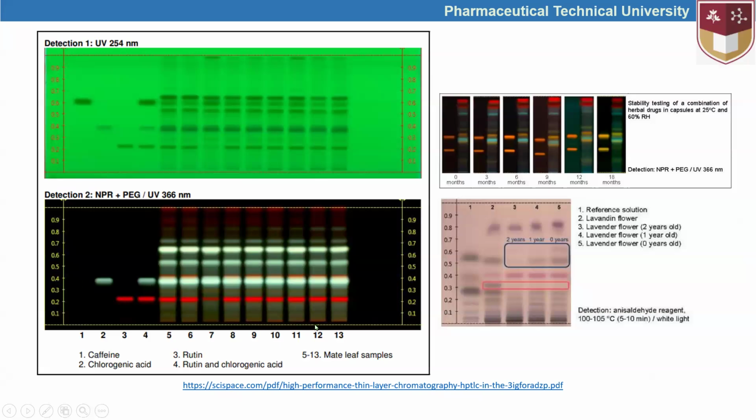By using thin layer chromatography, with PEG and PR mixture, and under UV at 366 nanometers, this kind of images can be obtained. So then it will be possible to compare the extracts with each other.